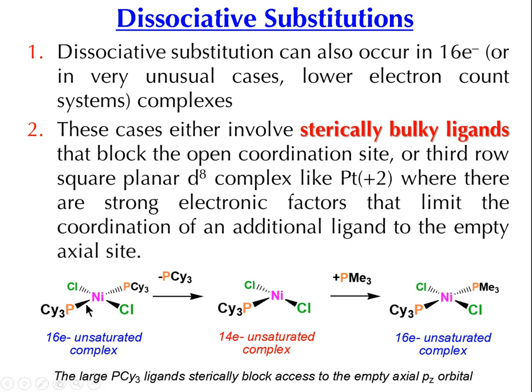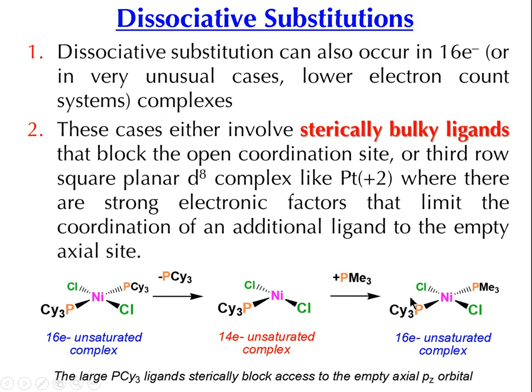But due to the presence of the tricyclohexylphosphine ligand that is bulky, these bulky groups will hide this vacant site. So in this case, we could not add a ligand directly. The reaction will follow the dissociation to open a vacant site, then PMe3 is added to occupy this vacant site.